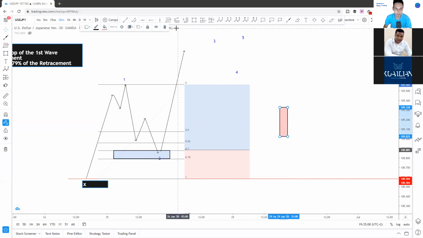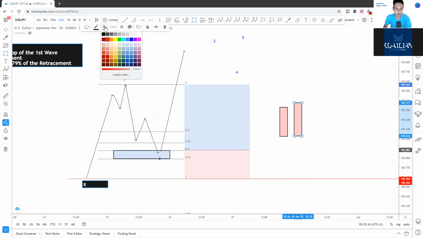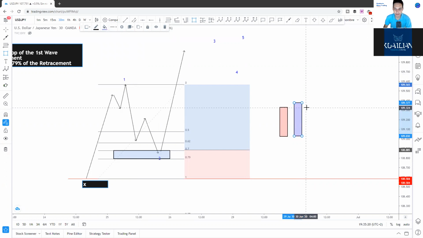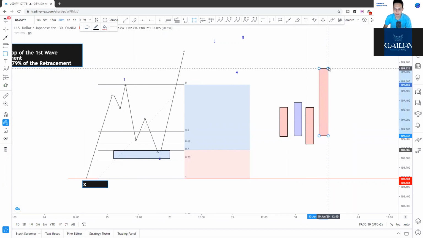We have a bull candle, a bear candle, a bull candle, another bull candle, then another bear candle, and then we will have the very big bull candle.